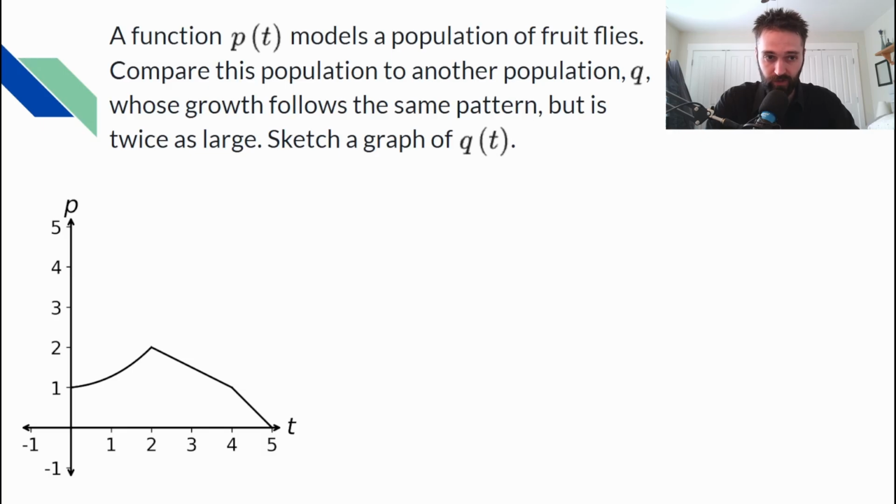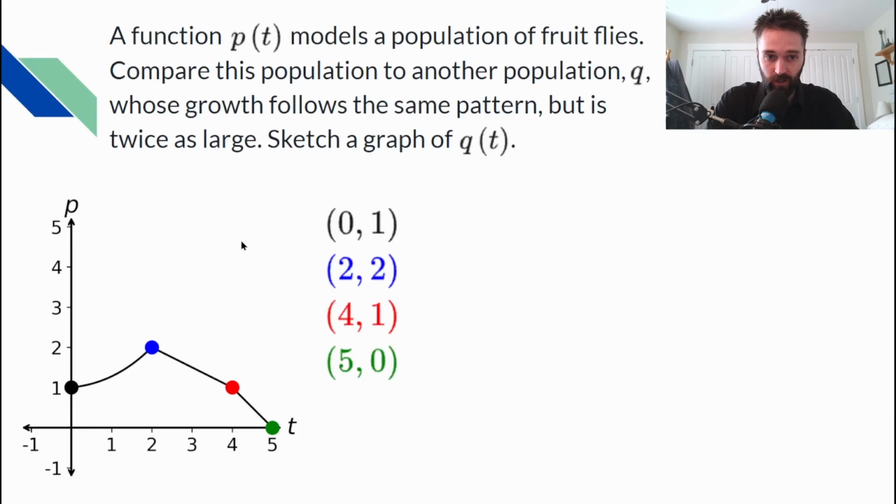We're going to transform the function p into a new function q. We don't need the function formula. What we can do is just take a look at some points. p of t passes through 0, 1, and this blue point 2, 2, and this red point 4, 1, and this green point 5, 0.